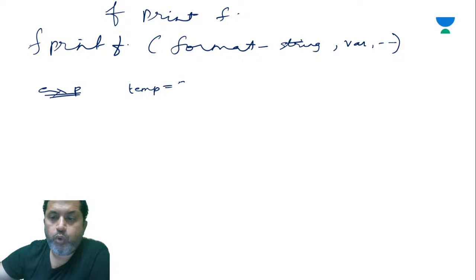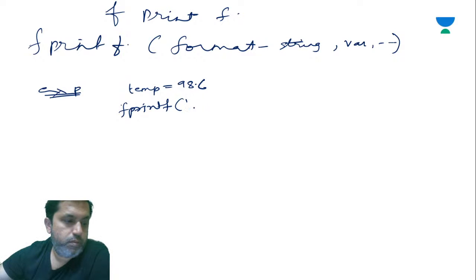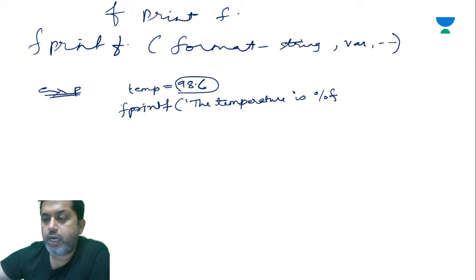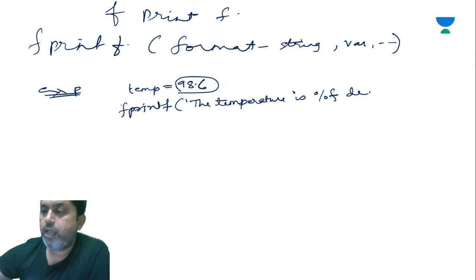Temperature suppose is equal to 98.6. fprintf the temperature is, this is a floating number. We'll see what these floating numbers and integers are. Percentage f, percentage floating, in degrees, any decimal is floating.